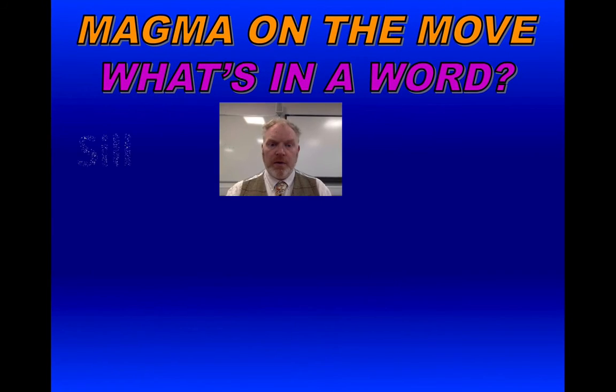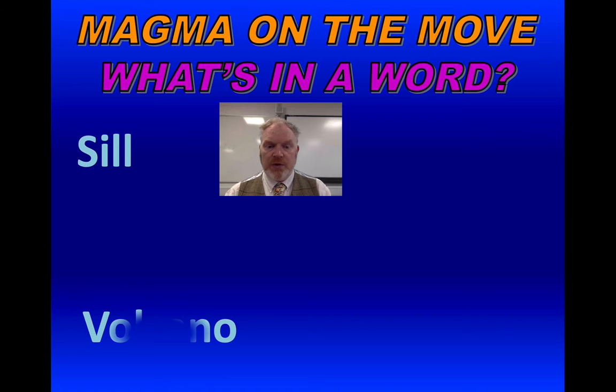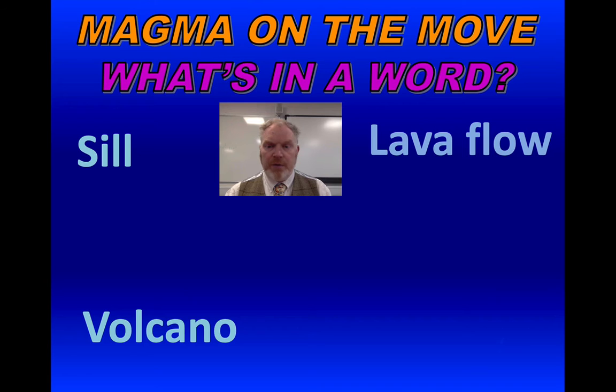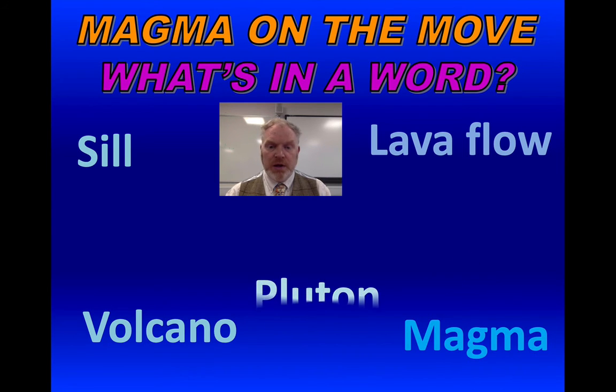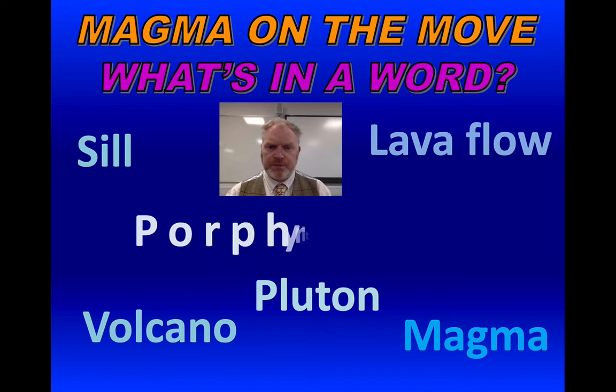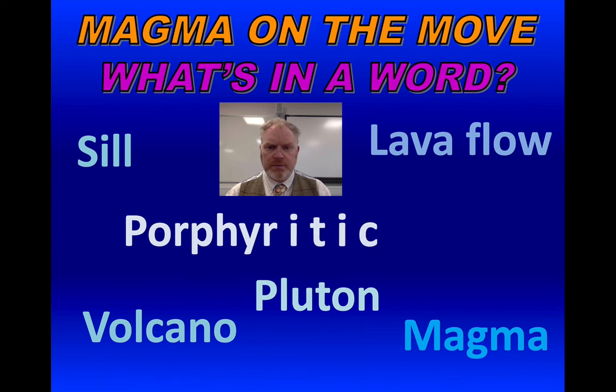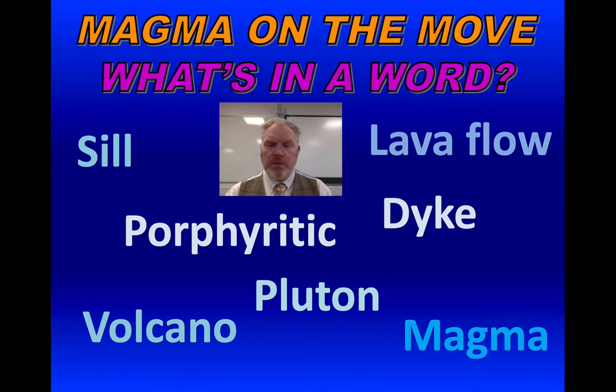Okay, I asked you as well to revisit what's in a word. So we've got all our different igneous terms, some of which are probably very familiar to us. Others were definitely new to us in this theme, particularly that one. So let's just go through what each of these mean.